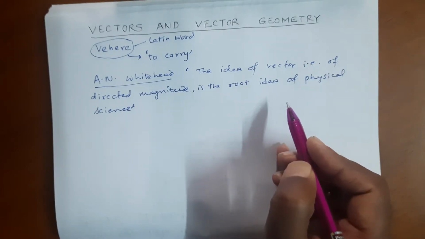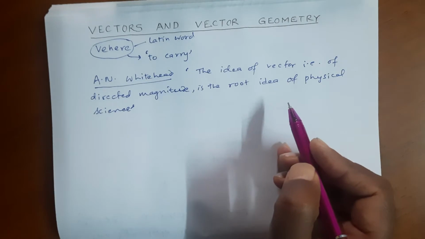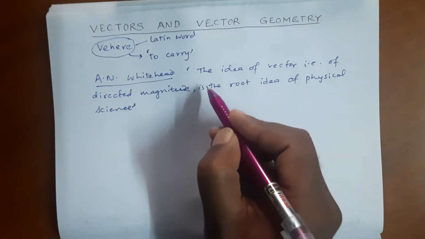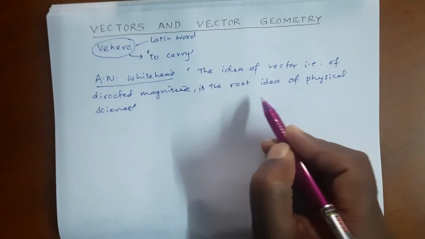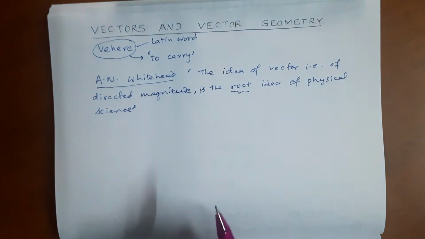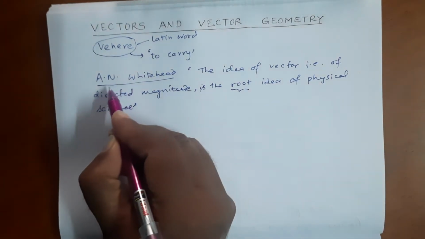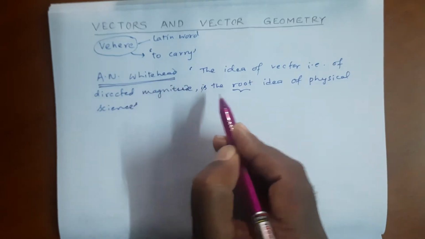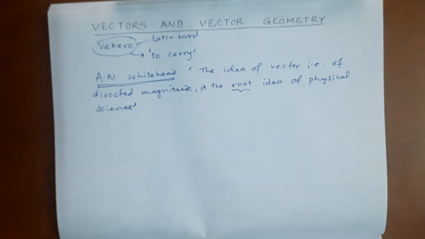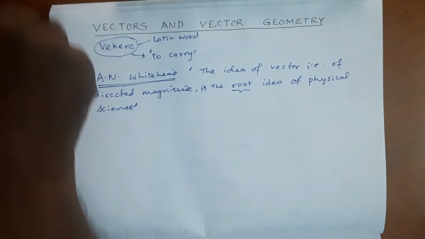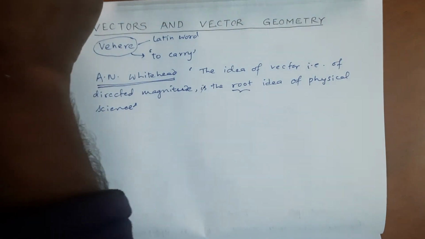Directed magnitude means that the vector has direction as well as magnitude. So that is the root idea, meaning the main idea, of physical science. So according to Whitehead, we have this definition of vectors.